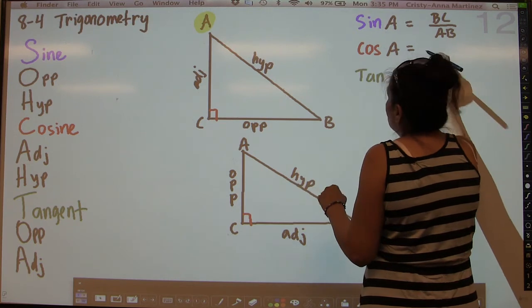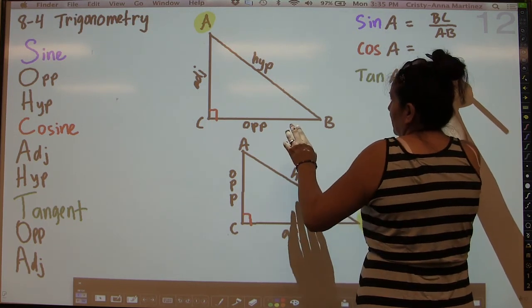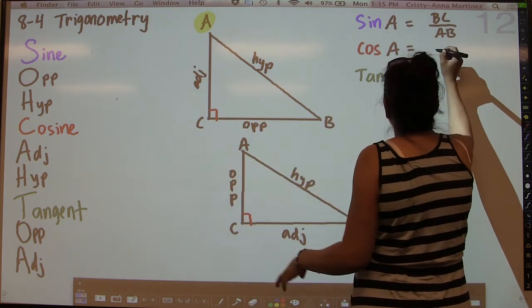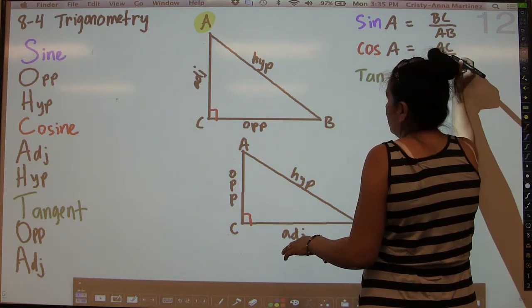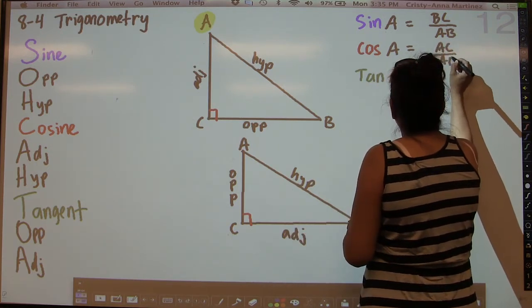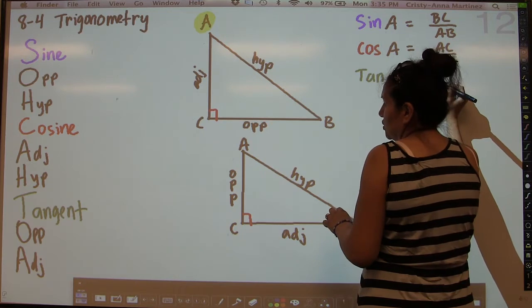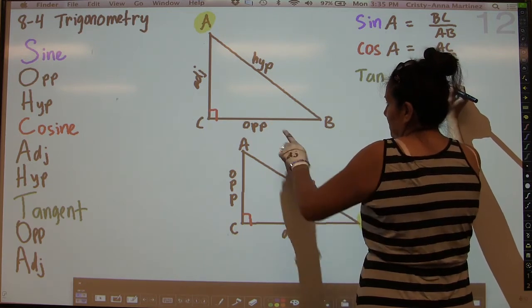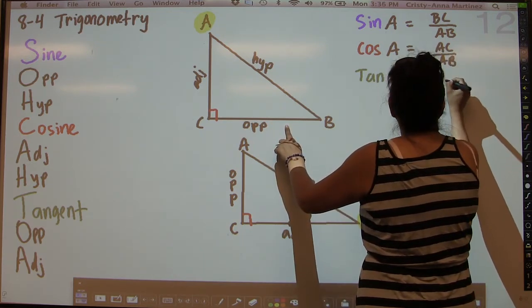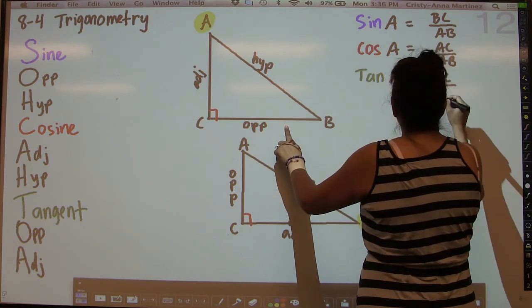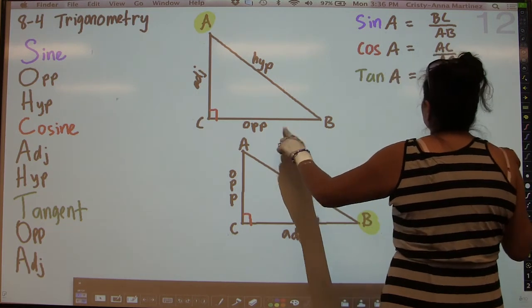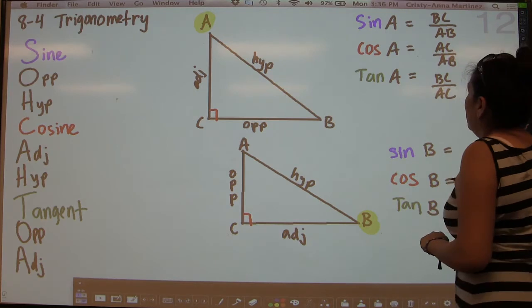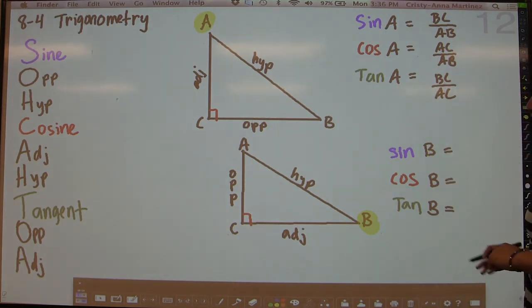In this case, for cosine A, I'm going to get adjacent, which is AC, over the hypotenuse, which is AB. And then lastly, for tangent of A, I'm going to do opposite, which is BC, over the adjacent, which is AC. All right? So that's basically filling in those trig ratios.